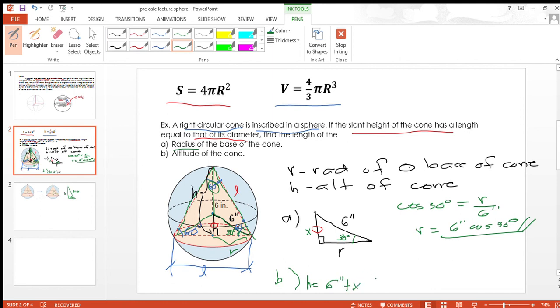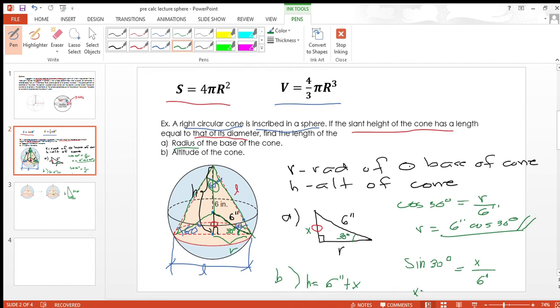Okay, so to solve for x, either you use your sine function, you have sine of 30 degrees is equal to x over 6 inches, or x will be equal to 6 times sine 30 degrees.